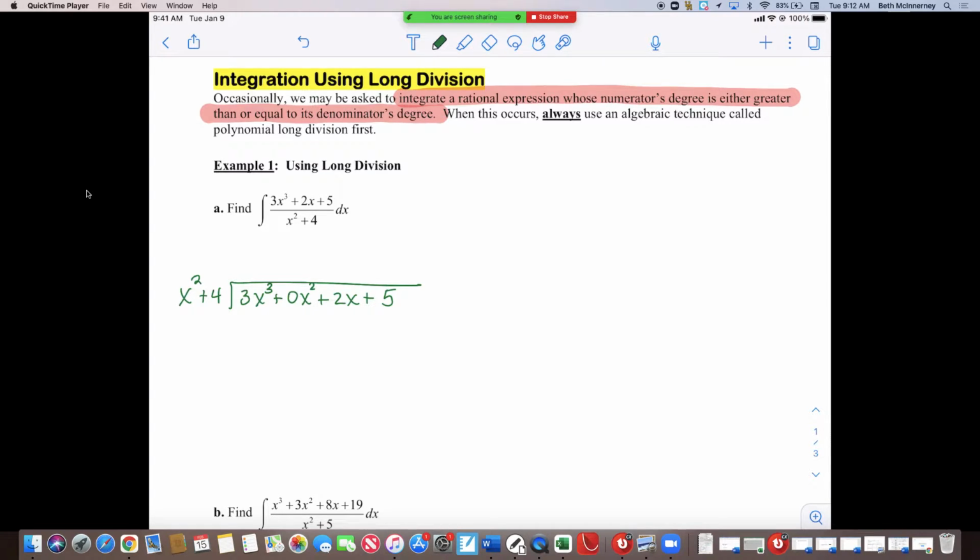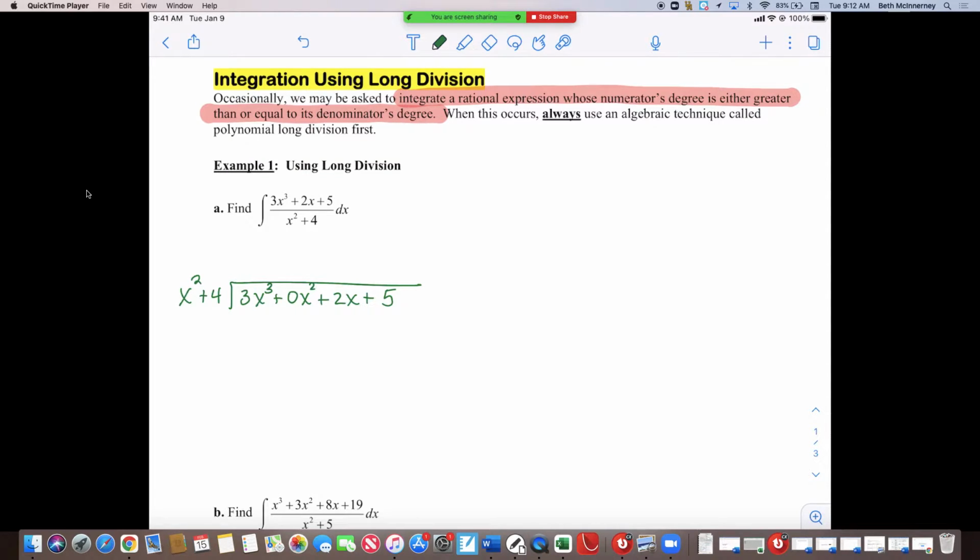So I'm going to pause a moment, and I want you to try to do the polynomial long division. Unfortunately, polynomial long division lends itself to lots of mistakes, okay?